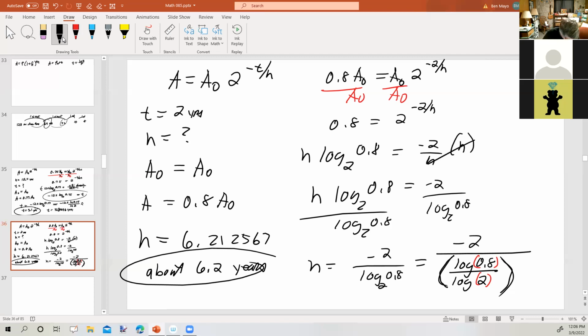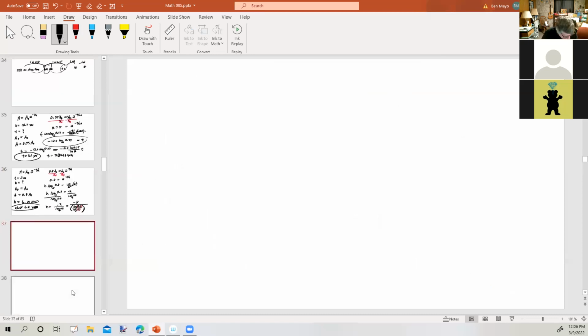Okay. Let's see here. Take a look at this one. Carbon-14 dating. A bone fragment analyzed by archaeologists contains 60% of the carbon-14 that is assumed to have had initially. How old is it? So carbon-14, this has to do again with half-life.